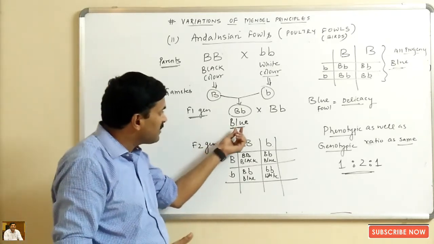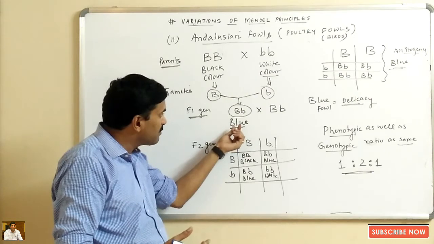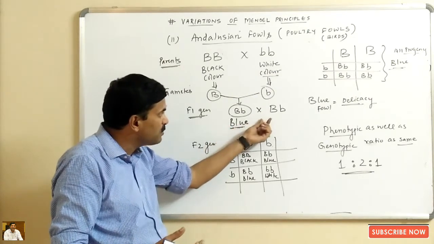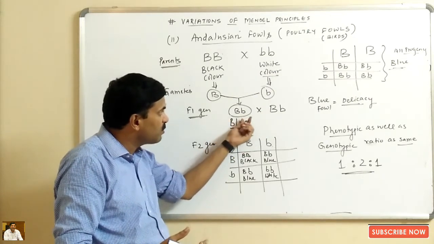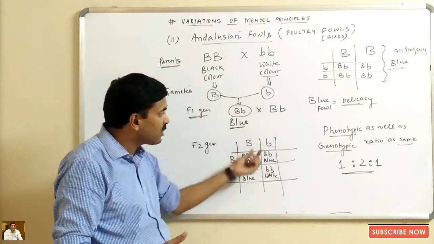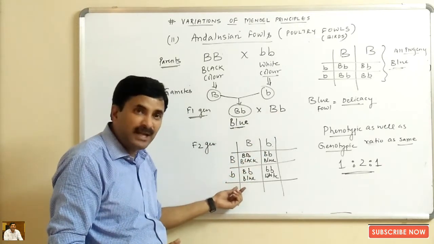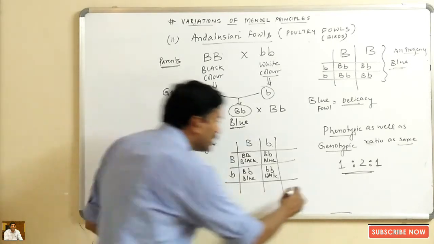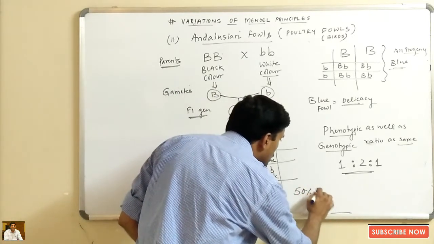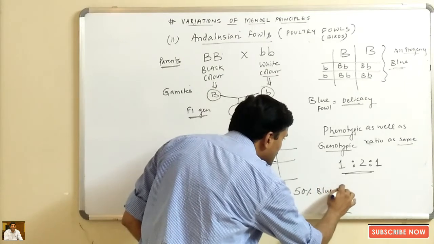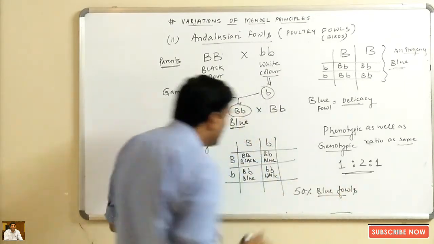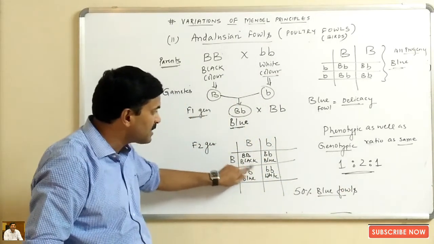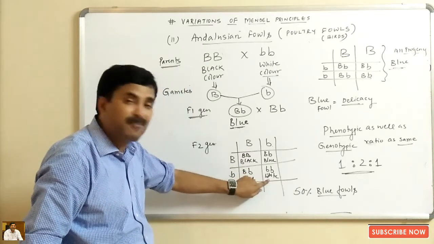You can see here that when a blue fowl is crossed with a blue fowl, that is, when capital B small b and capital B small b are crossed, we are not getting all blue fowls. We have got only 50% blue fowls, and 25% black and 25% white.